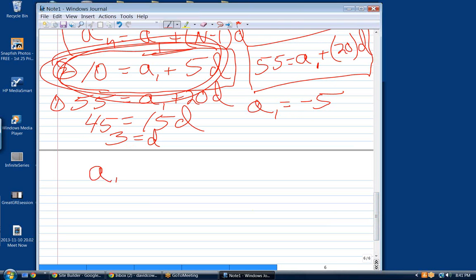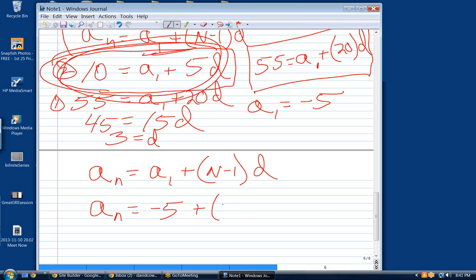So we want to go back to the general formula and substitute the two things we've solved for. So we want a sub 1 there equals negative 5 plus, no, we don't have an n value.